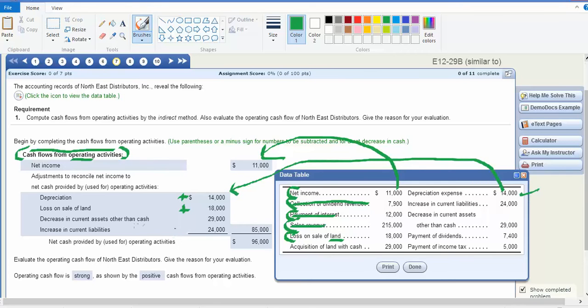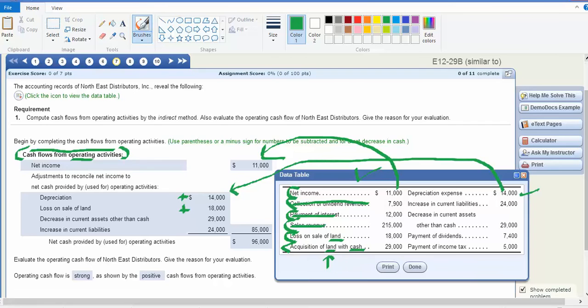Okay, now let's look at decrease in current asset other than cash. Well, let's back over here. I want to stay on the exact same pattern of looking through all these. Acquisition of land with cash. So you wanted land, and you paid cash for it. Okay, this is a long-term asset.